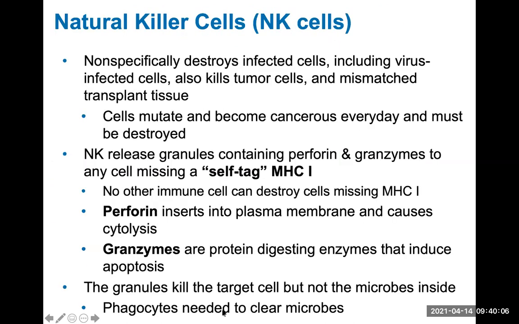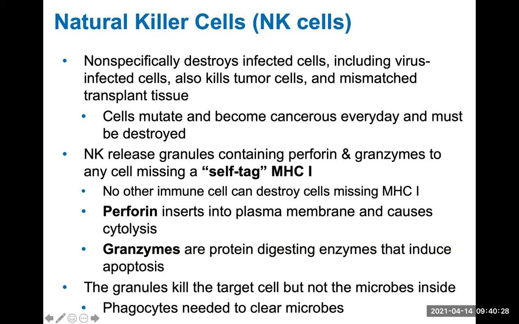And so I have a little slide about natural killer cells just to clarify what natural killer cells are, because students tend to confuse natural killer cells with cytotoxic T cells. Cytotoxic T cells are part of the adaptive immune system, and they function in a different way.